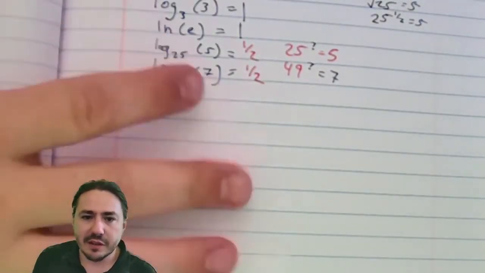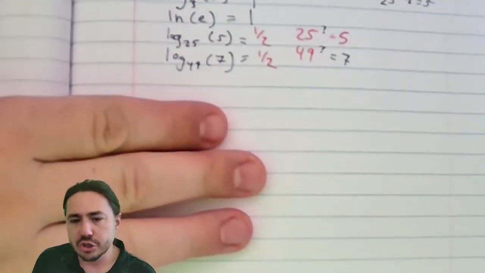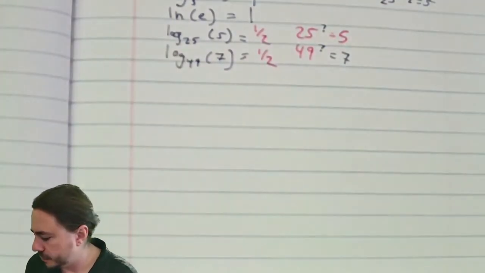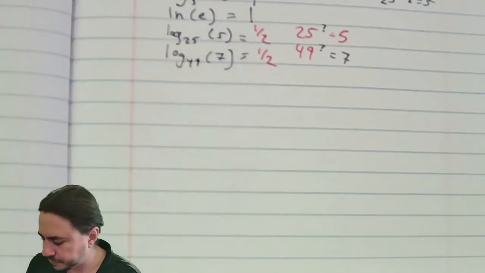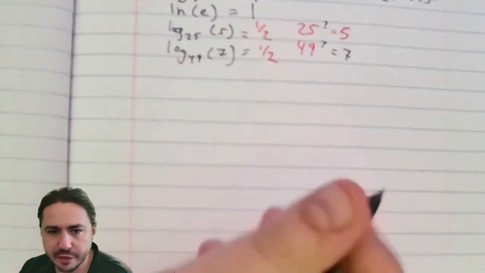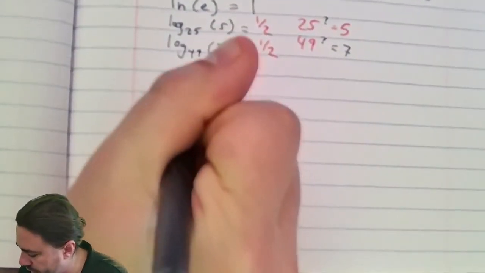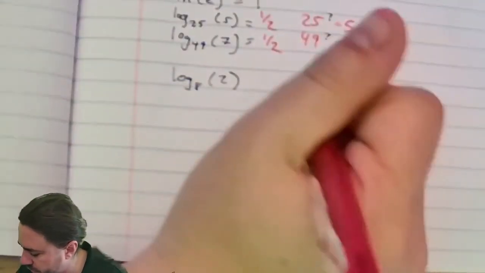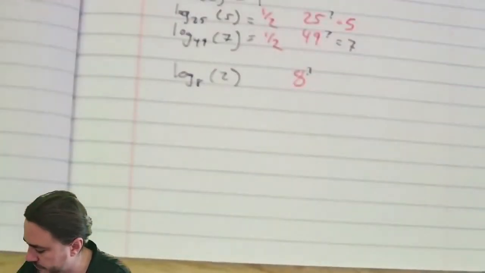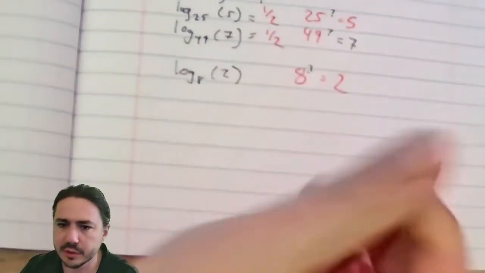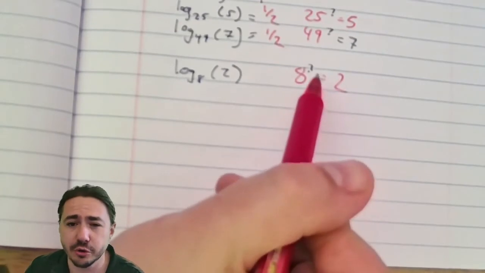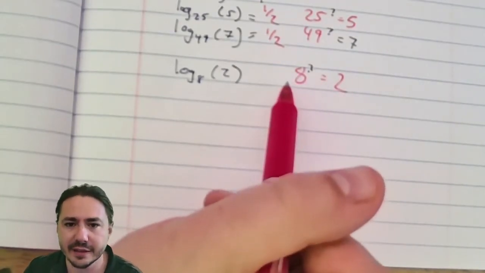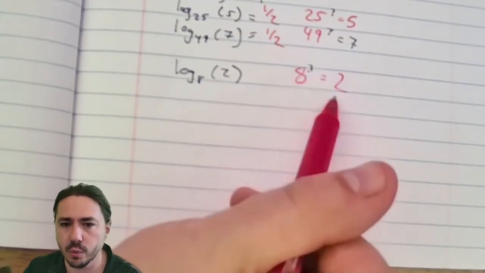Let me give you a few more that are going to push you a little further, but won't be too bad. Along this same kind of thinking with fractions, let's say we had log base 8 of 2, where the question is 8 to what power is 2? Well, if 2 cubed is 8, then 8 to the 1/3 would be 2.